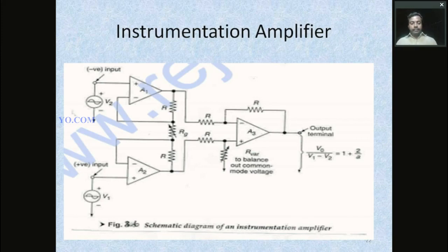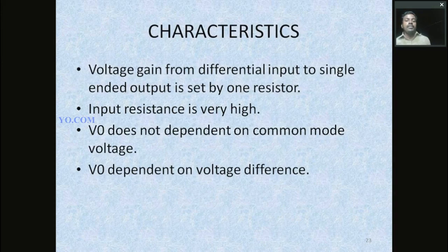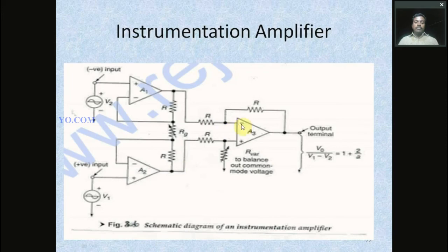Then the characteristics of the instrumentation amplifier. The voltage gain from differential input to single ended output is set by one resistor. See the circuit, this is a single ended output and this is a double ended input. The entire system voltage gain is controlled by a single resistor.